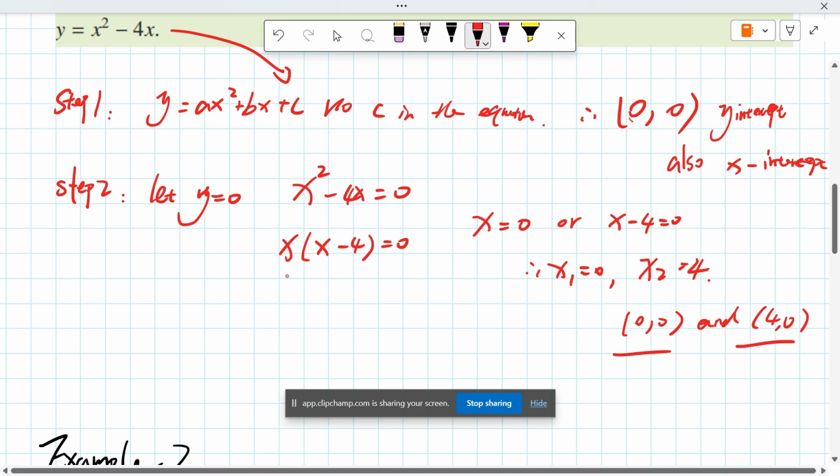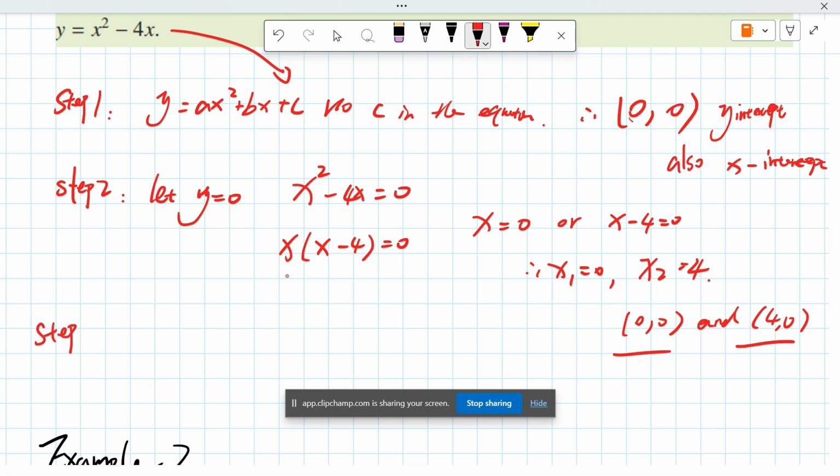And step 3, we're going to find the turning point. x equals minus b over 2a, which is minus (minus 4) over 2, which is 2.